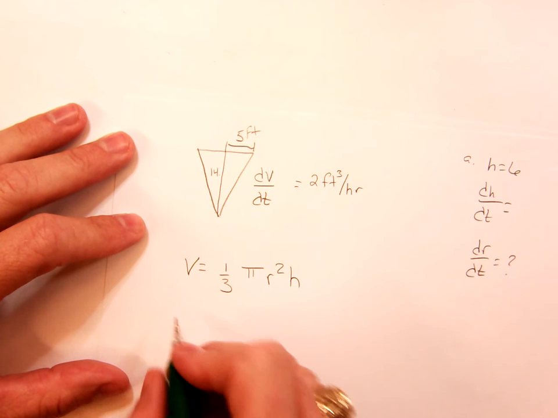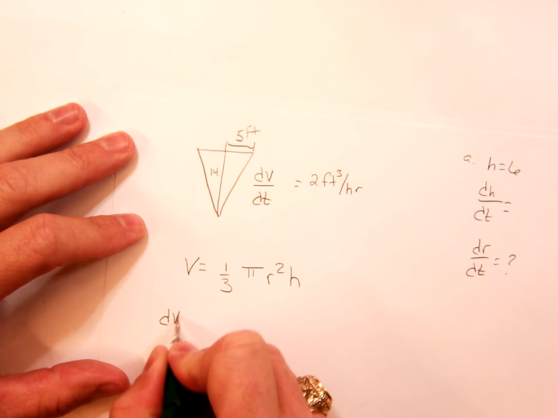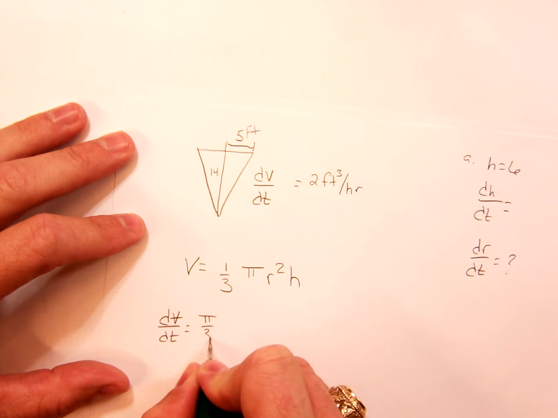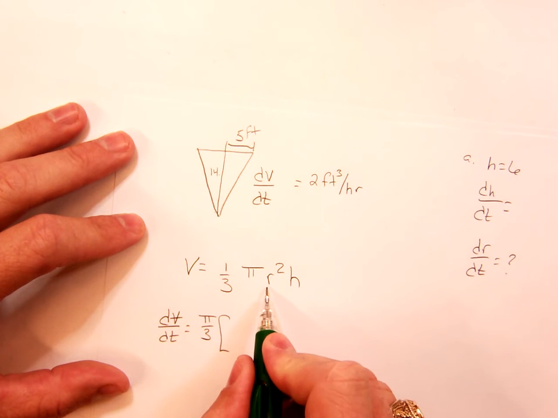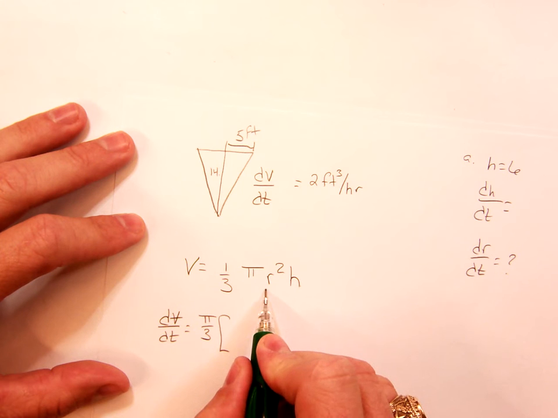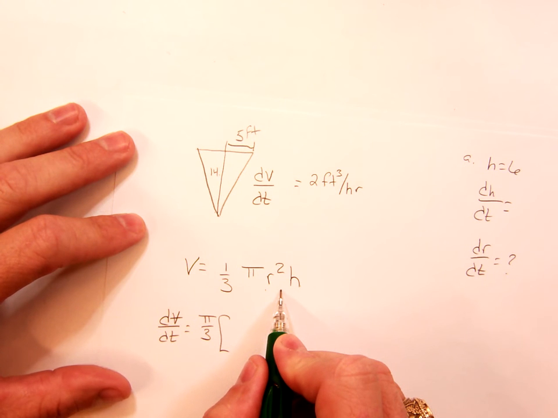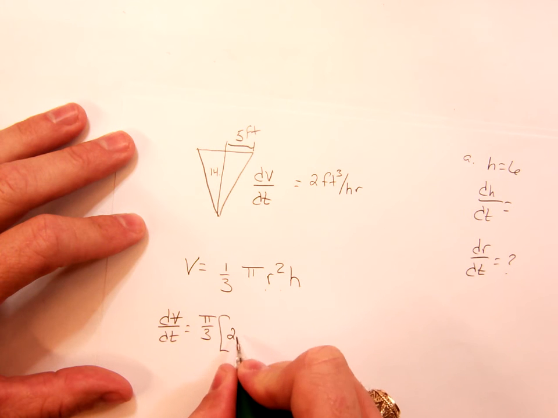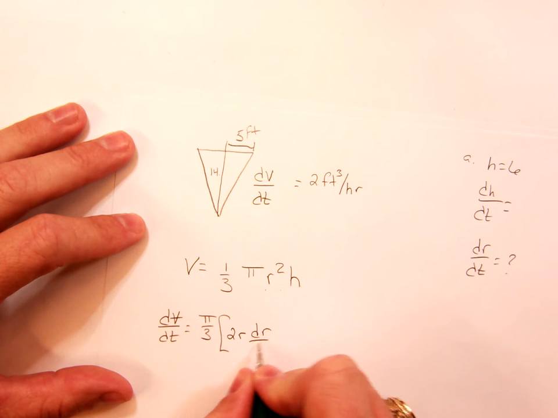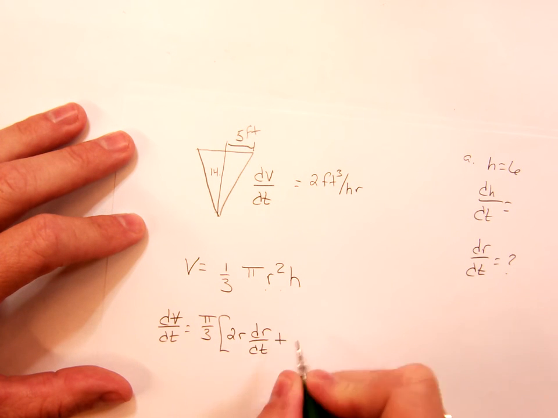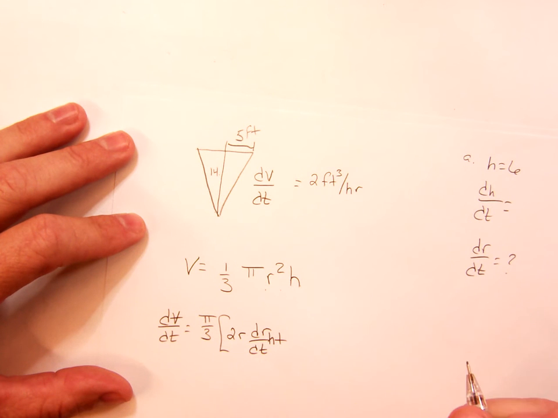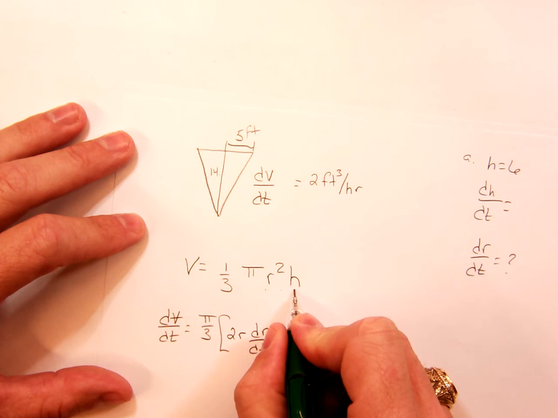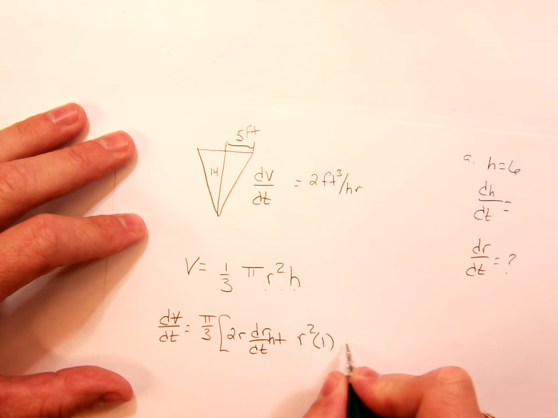So if I take the derivative of this with respect to time, I get dV/dt is equal to pi over 3, and then these are multiplied together. So I have to do what? Product rule. So this is 2r dr/dt times h, plus r squared times 1 dh/dt.